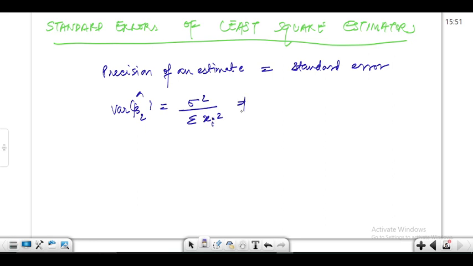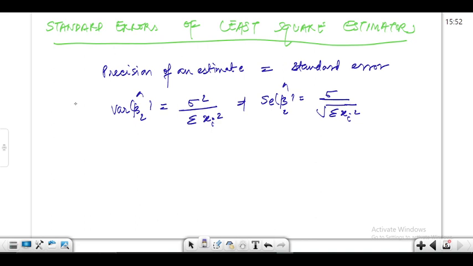We have seen what small xi represents. So the standard error of beta 2 hat becomes sigma upon the square root of summation xi square. So your standard error is basically the square root of the variance.